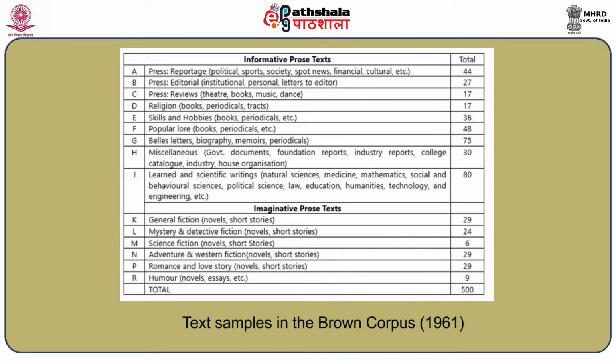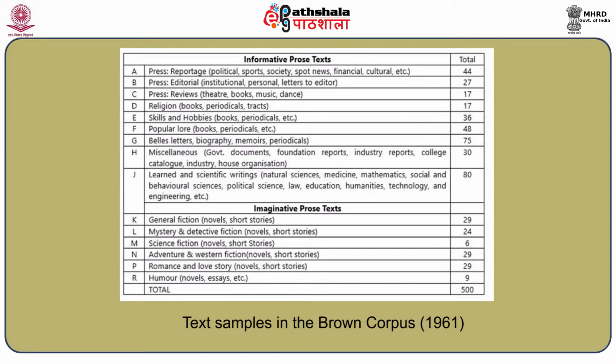So the composition was something like that. If you look at the diagram given here, there are nearly 500 texts, each one having 2,000 words. I can give the list here.